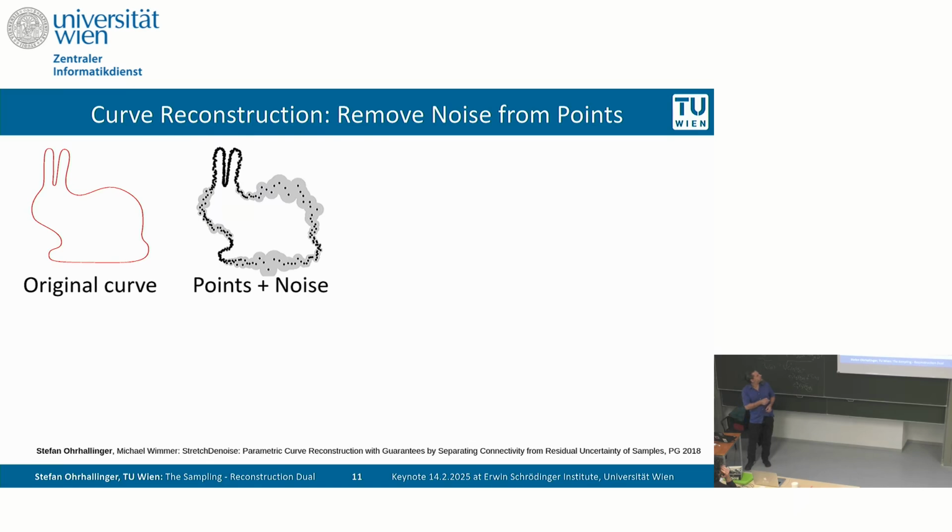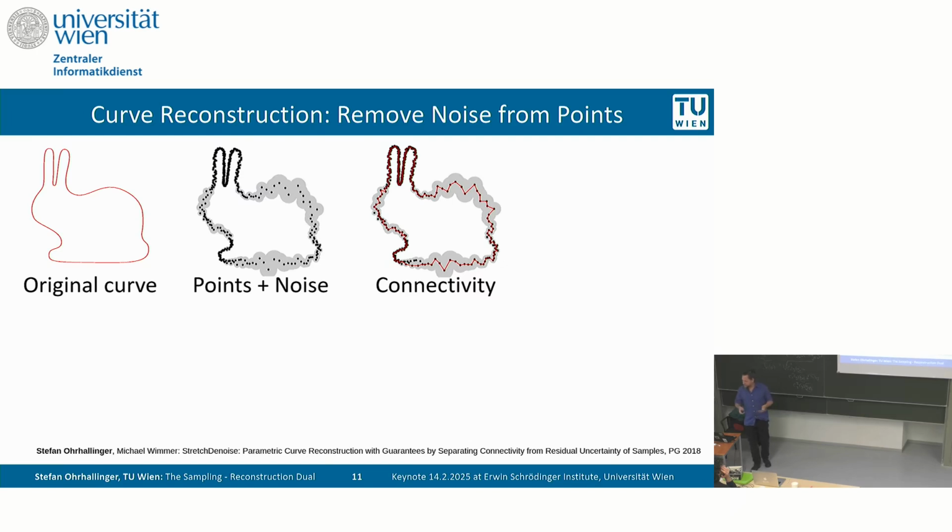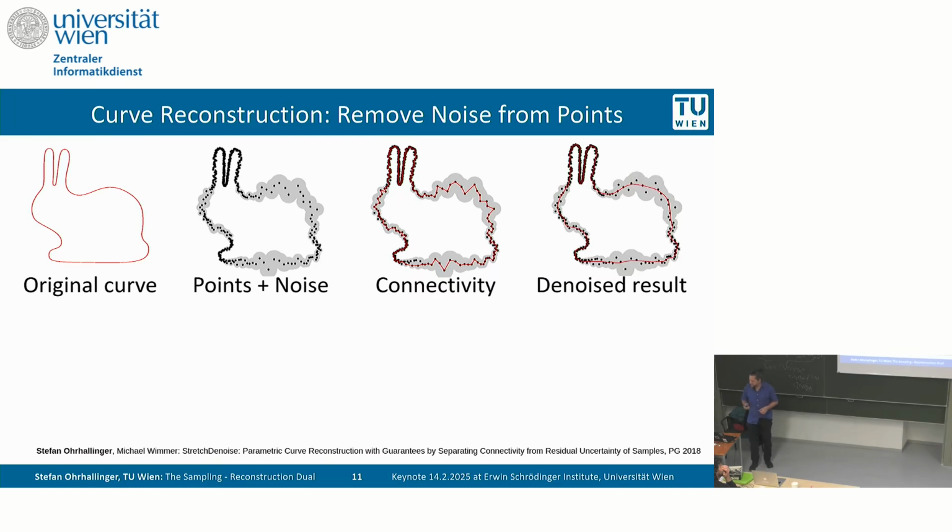So we sample some points and perturb them with noise. And then we construct the connectivity as before. And then we don't blend, but we move these points basically inside of this gray disk with some energy functional. I'm not going into details here. And this is the denoised result. So we don't just smooth it, we try to actually remove the noise based on what we know.